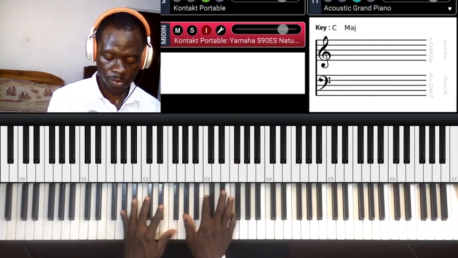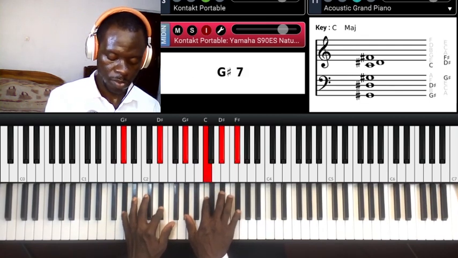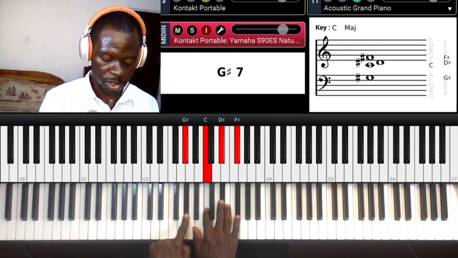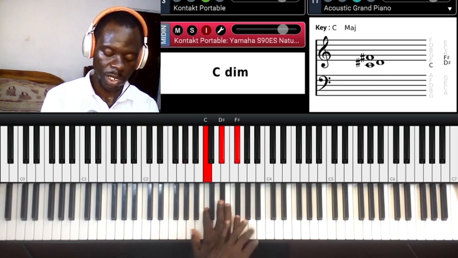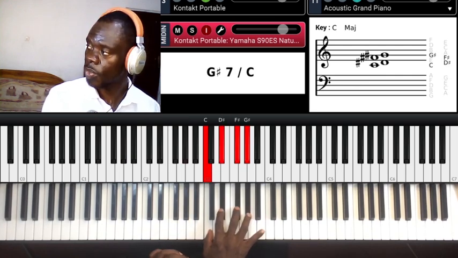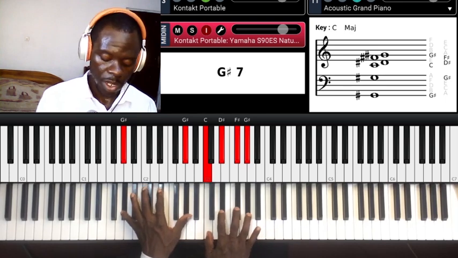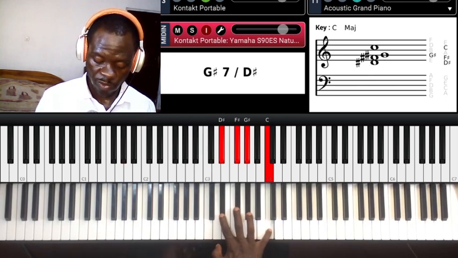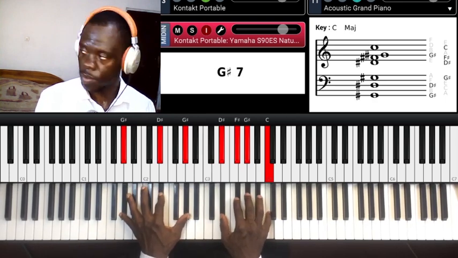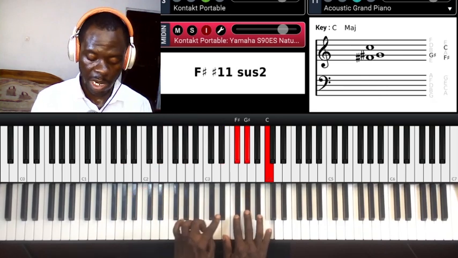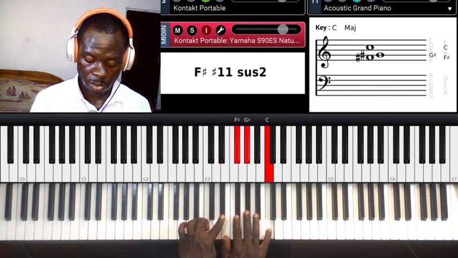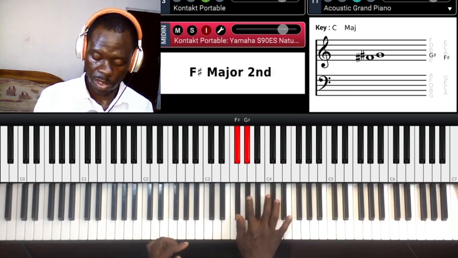Then the fifth, this would move, which has already moved. Okay, and then this C would move, and we now have it like this, and then the last one, the E flat.